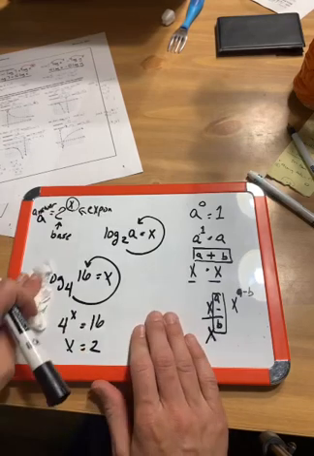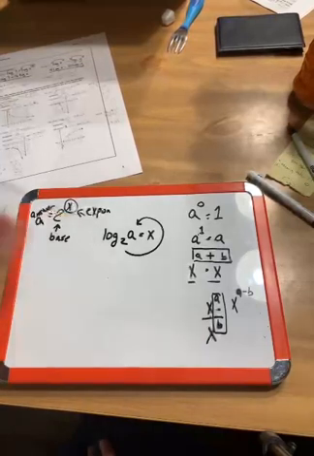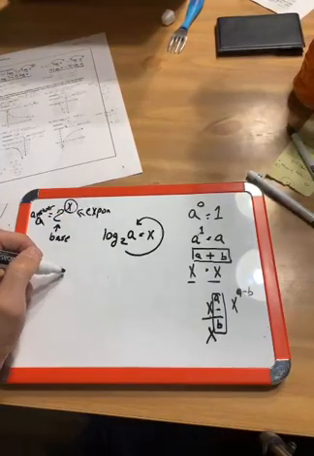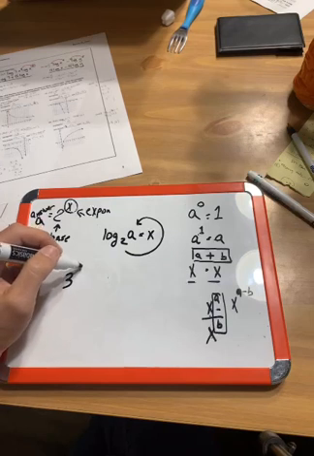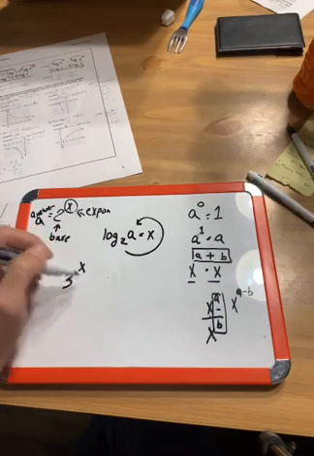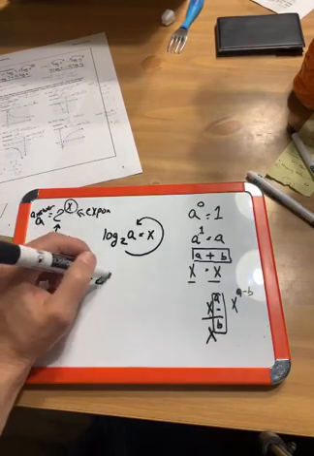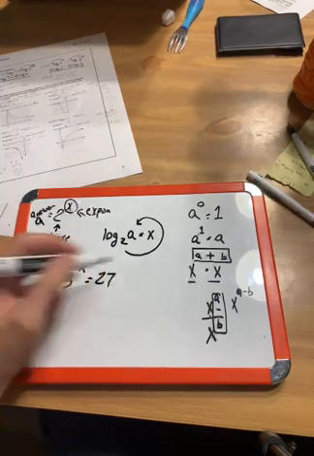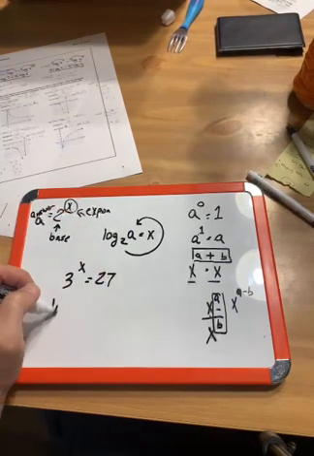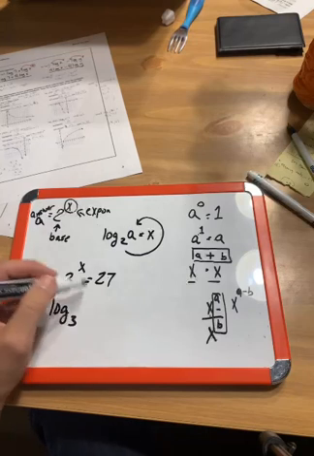Okay. So then, in the other case, if I started with 3 to the x equals 27, to rewrite it, I would say log base 3, because my base always goes first.